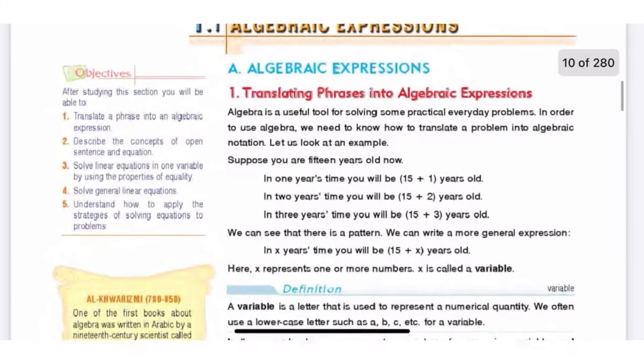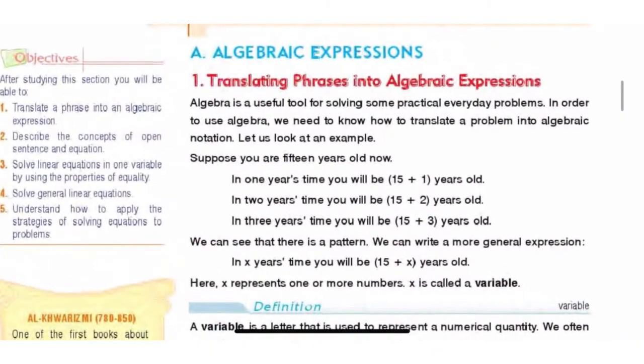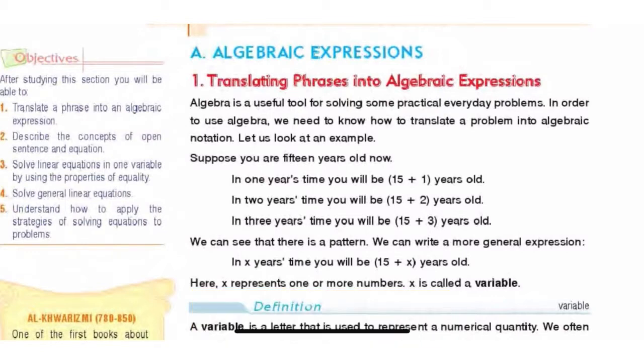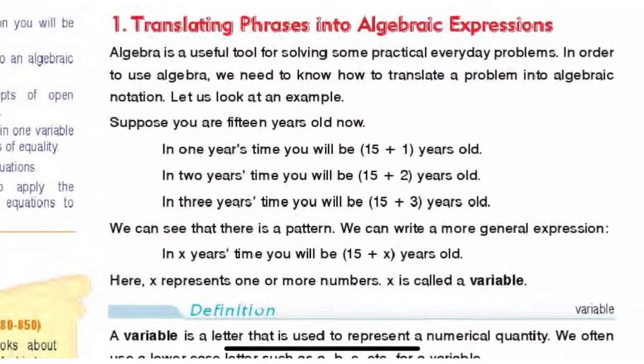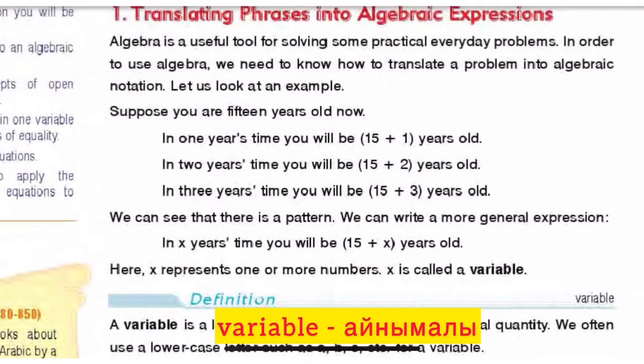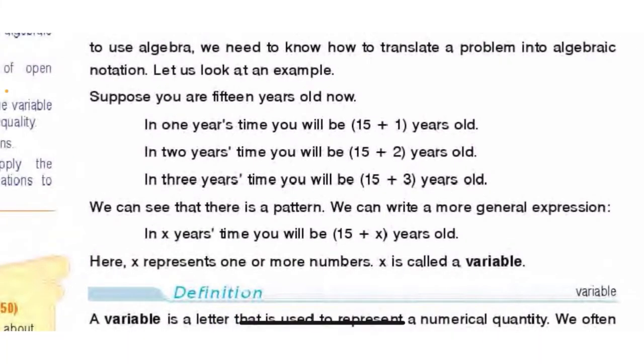Now the first one is algebraic expressions, and the exact topic is translating phrases into algebraic expressions. Now we will understand the word variable. What is a variable actually? Suppose any example from real life, for example, we're 15 years old.